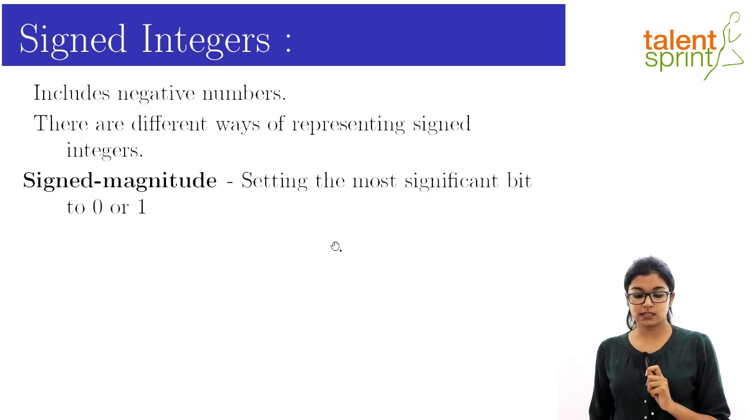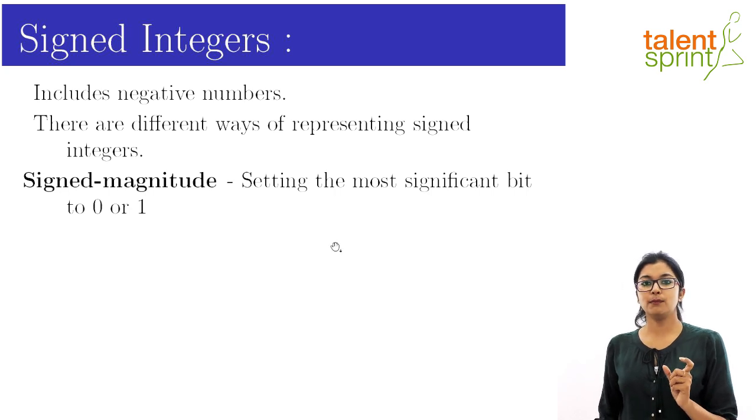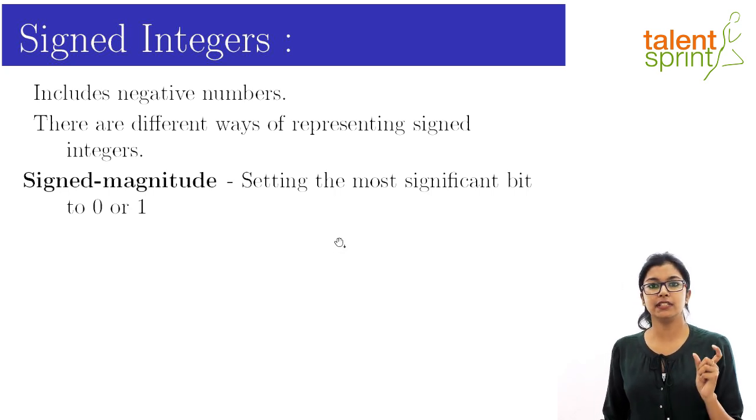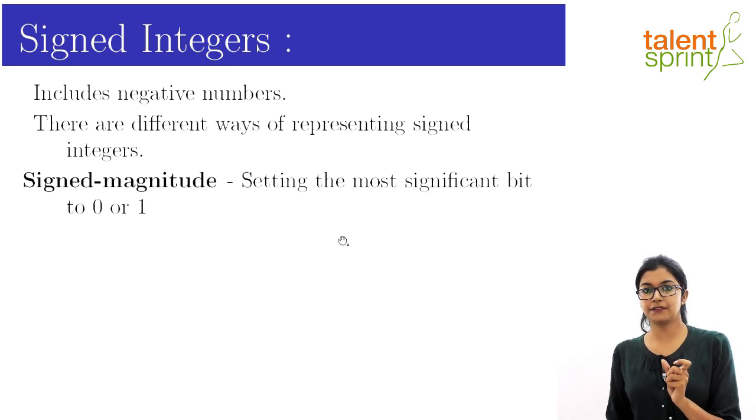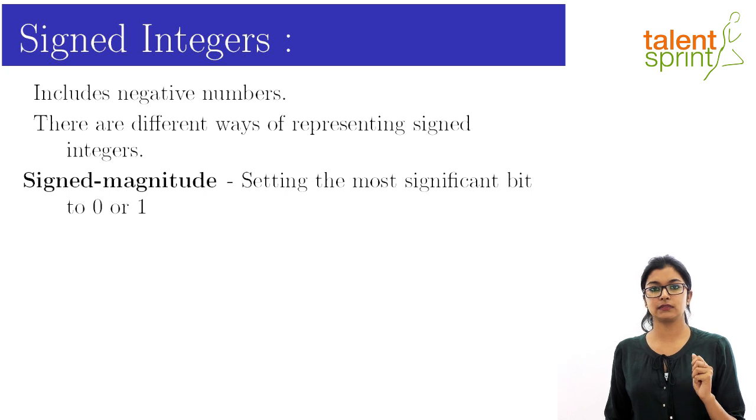Setting the most significant bit to 0 or 1. So for example, you were representing numbers with 8 bits. Now you will represent numbers with only 7 bits. And the leftmost 8th bit you will use to represent whether the number is negative or positive. How?